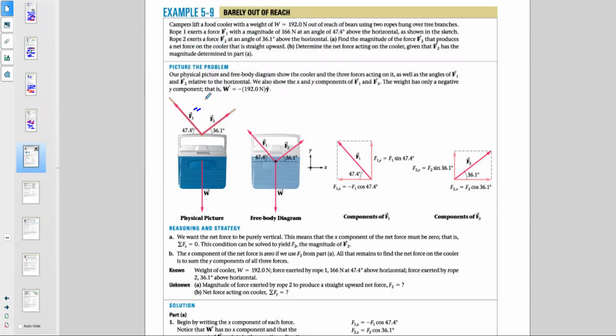F1 with a magnitude of 166 newtons, at an angle of 47.4 degrees above the horizontal, and the total weight here is 192 newtons down, and F2 is being applied at an angle of 36.1 degrees above the horizontal, as you can see here, but we don't know what F2 is.